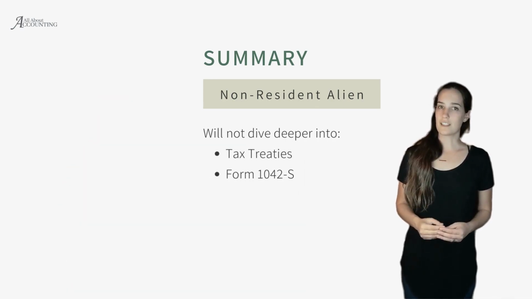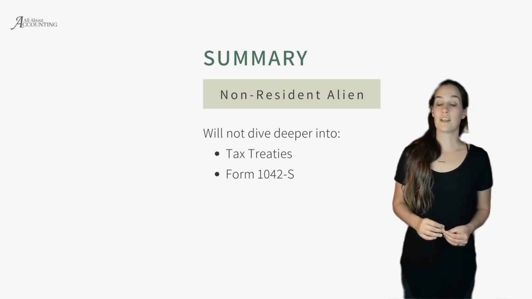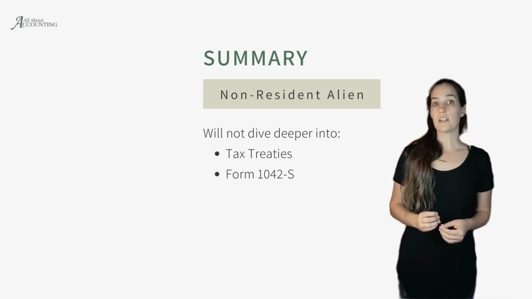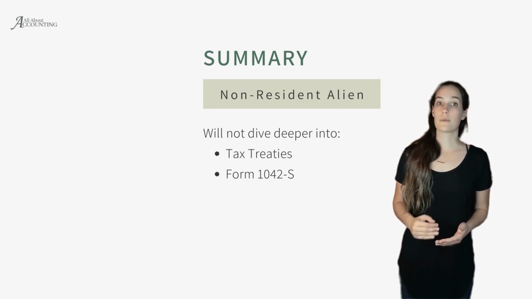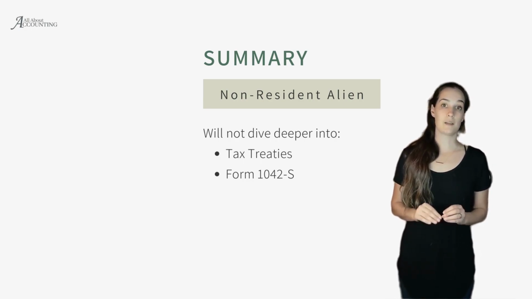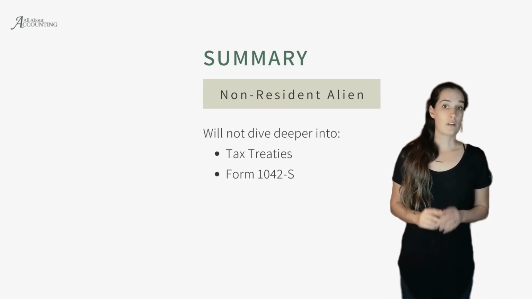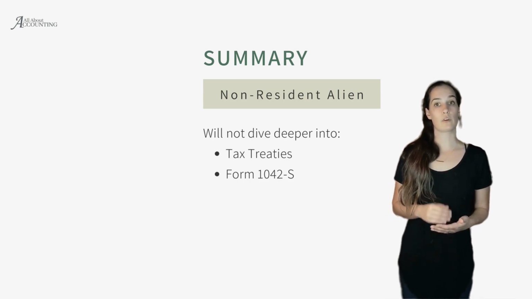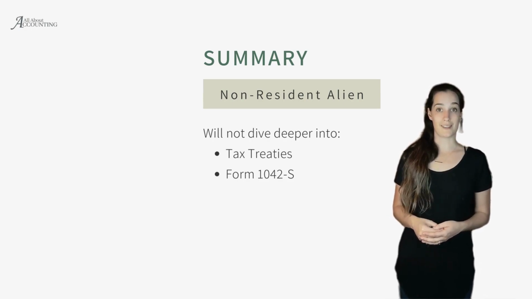We are not going to look into this or Form 1042-S in greater detail because I don't believe it will apply to many of you, and I don't want to add to your confusion or spend time on something that isn't widely applicable. If I'm wrong, feel free to reach out to me directly and I may be able to offer additional support with regard to Form 1042-S.